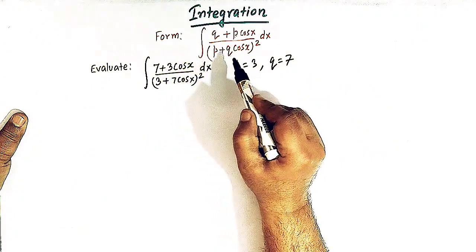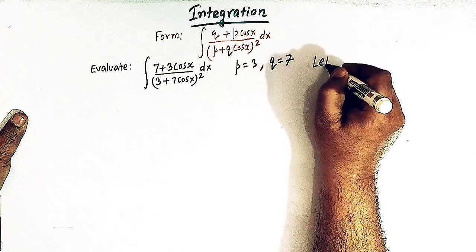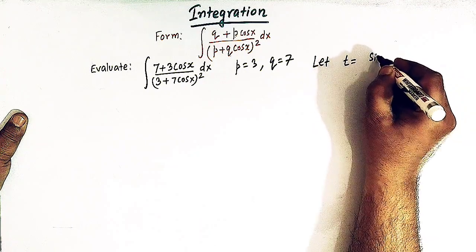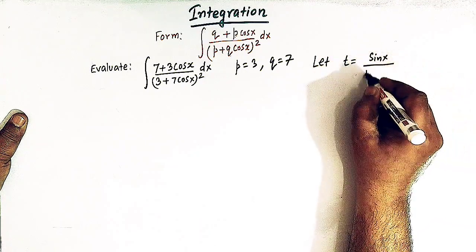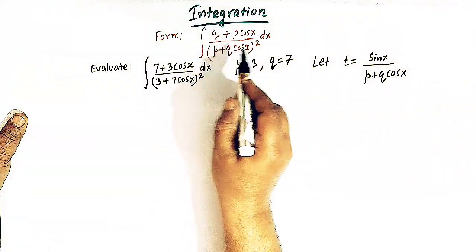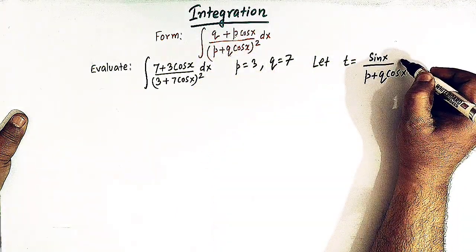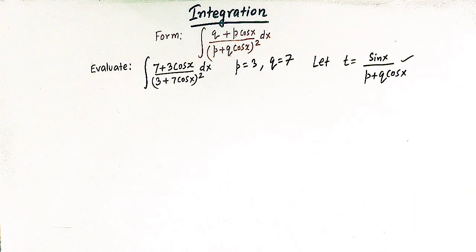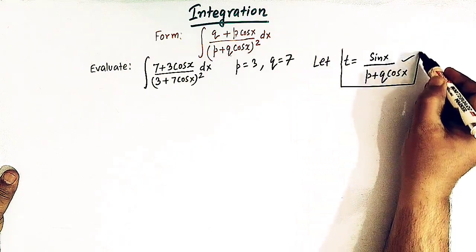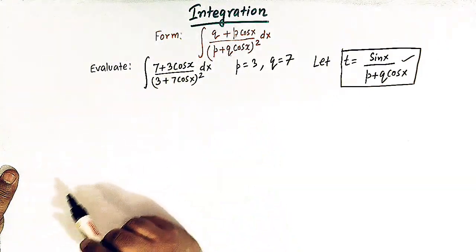So we have to make an important substitution here. Let us take this substitution, that is t is equal to sine x divided by p plus q cos x, right? Whenever we come across these types of integrals, we always take this substitution. So we should always remember this form of substitution while evaluating these kinds of integrals, right?